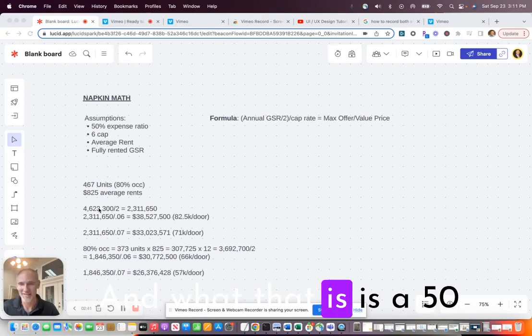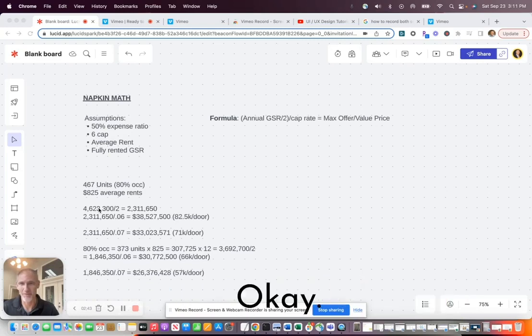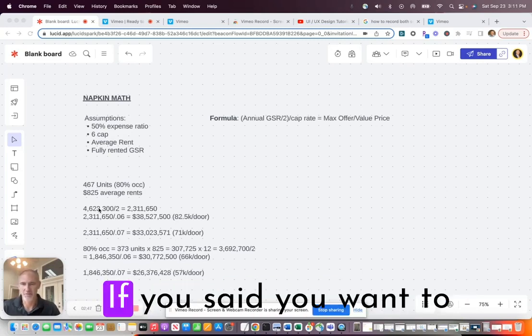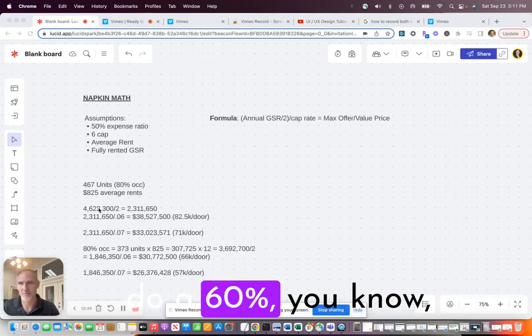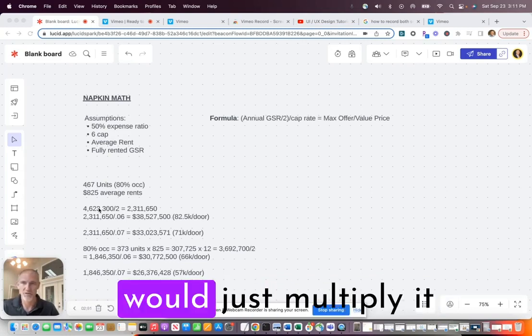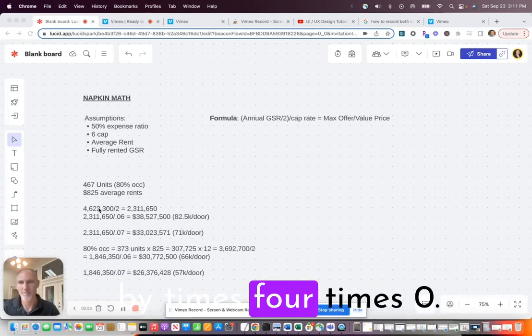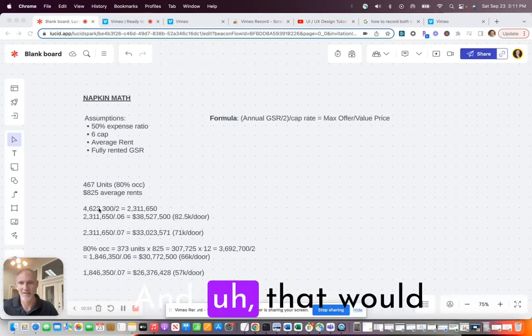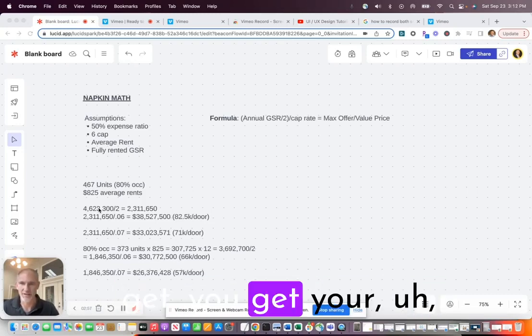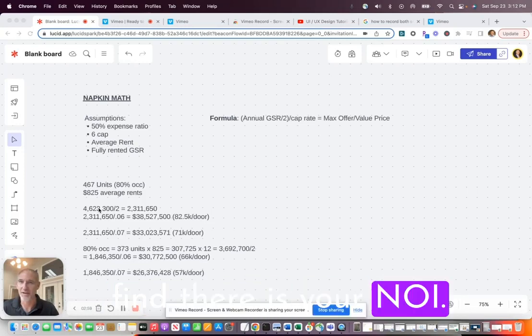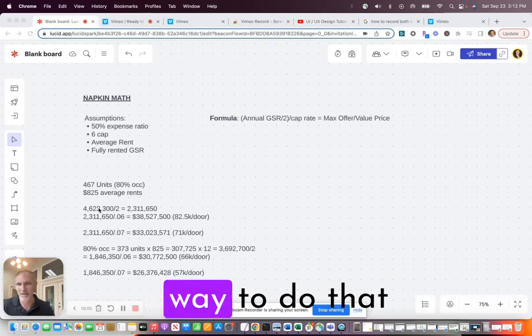And that is a 50% expense ratio. Okay, so dividing it by 2 is just 50%. If you said you want to do a 60% expense ratio, you would just multiply it by 0.4, and that would be 40%, and what you're trying to find there is your NOI, right? So that's a quick way to do that.